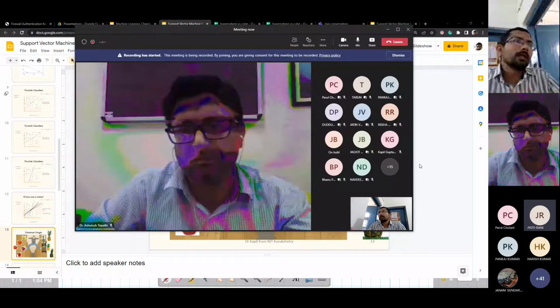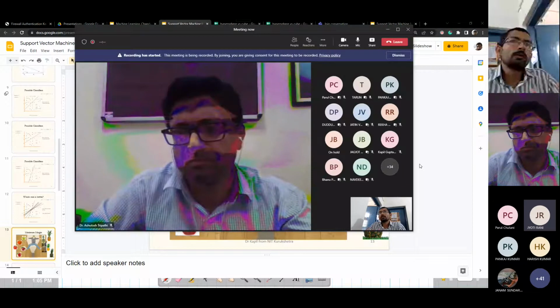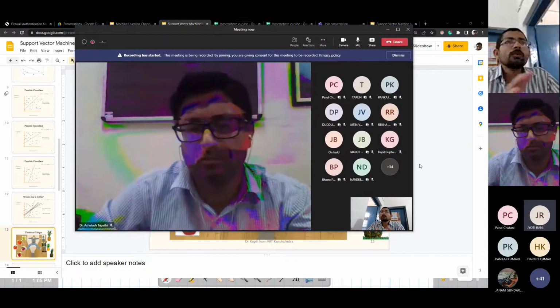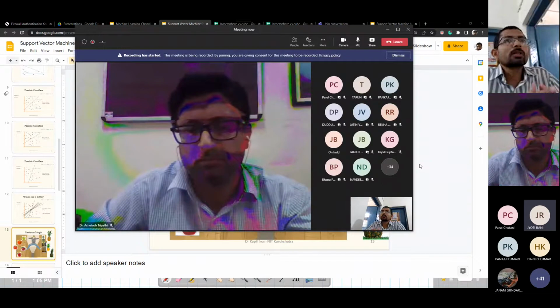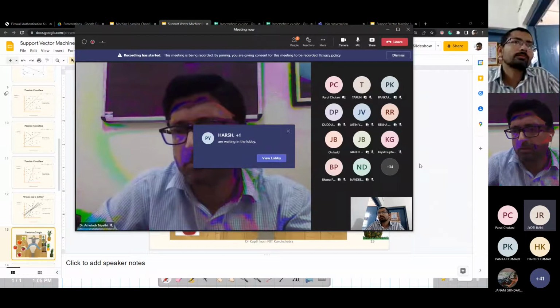Like in the iris flower data set, we have given only four attributes, and those attributes have been found with the help of an expert, who came up with the idea that these four attributes are good to distinguish between the things. So for object recognition or object detection, deep learning algorithms are much better than these. Okay, sir, thank you.